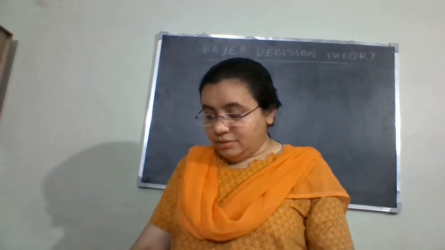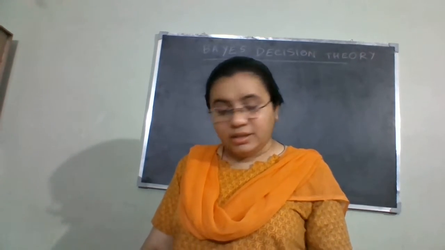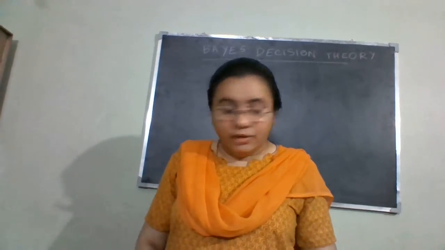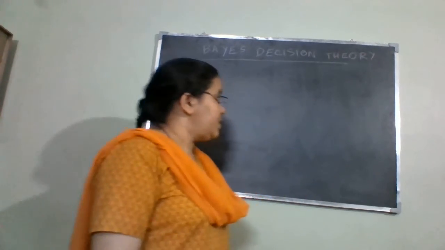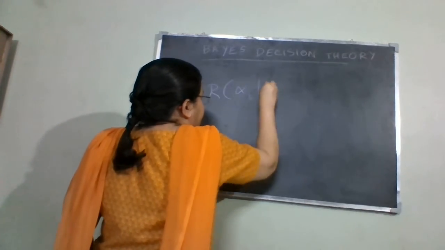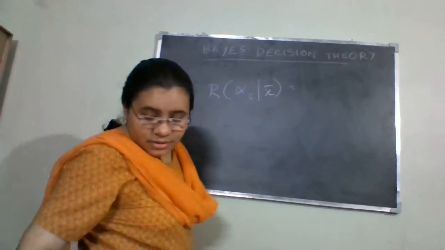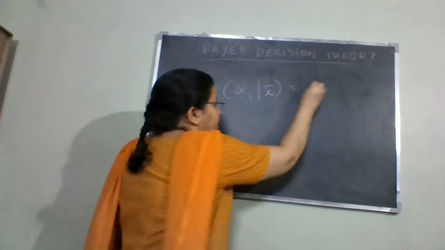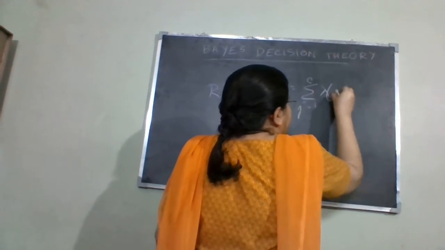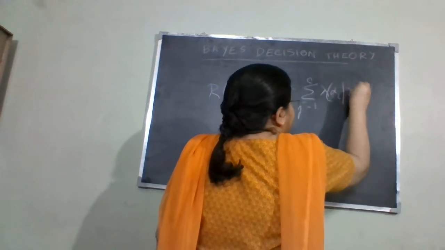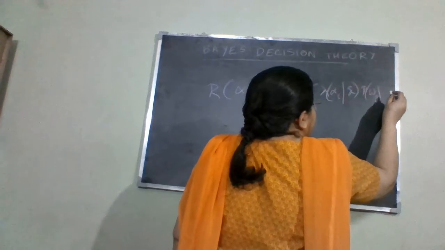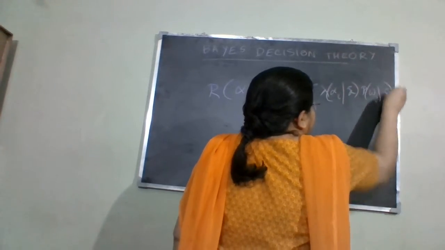So we will now expand this and write it for two class problems. Let me first write down the equation: R alpha i slash x bar is equal to the summation over j from 1 to c of lambda alpha i omega j times p omega j slash x bar.